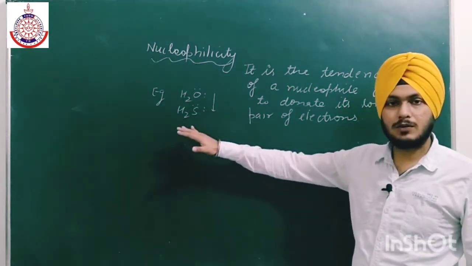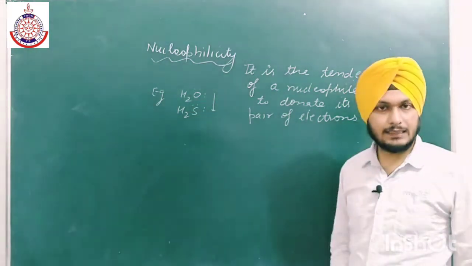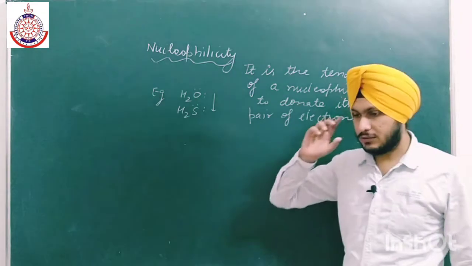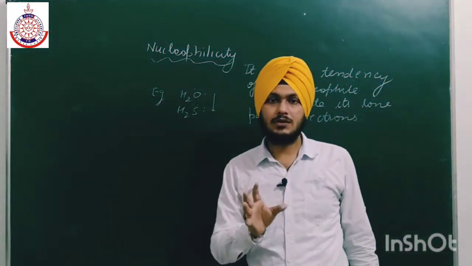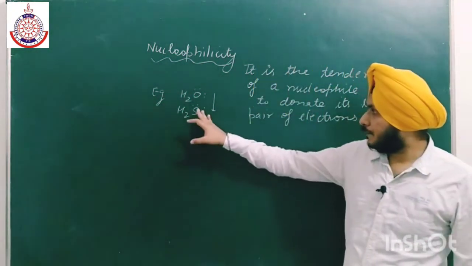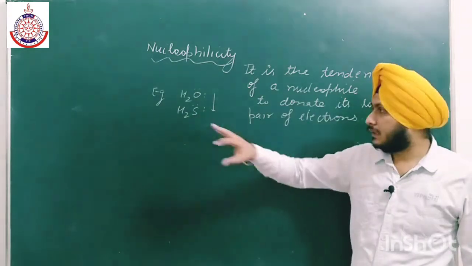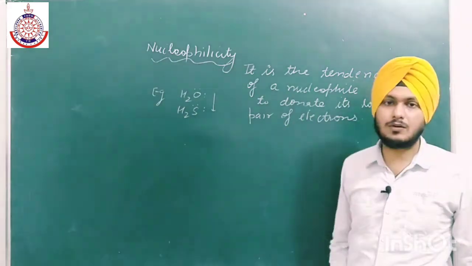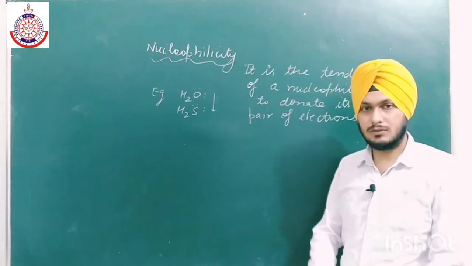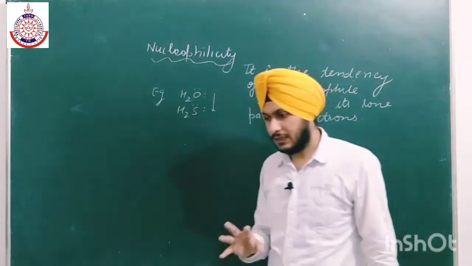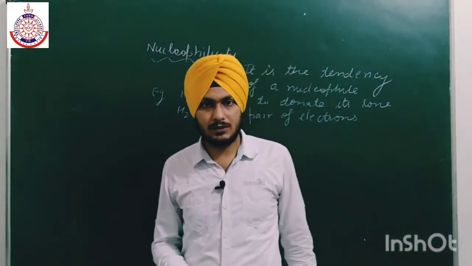As we go from top to bottom, the atomic size increases and the attraction of lone pairs towards the nucleus decreases. So, in case of sulfur, it can easily donate its lone pair of electrons as compared to oxygen. So, the nucleophilicity of H2S is more as compared to H2O.